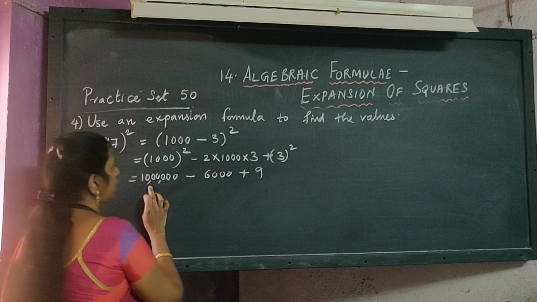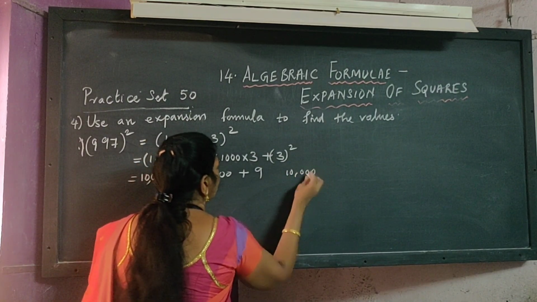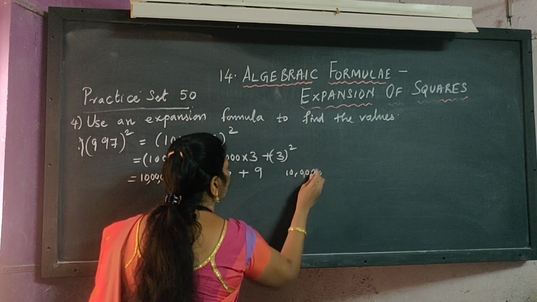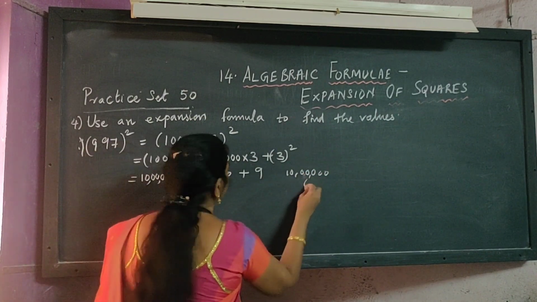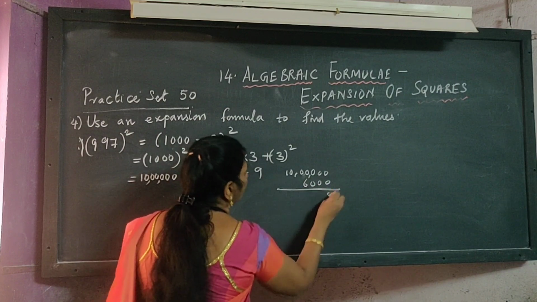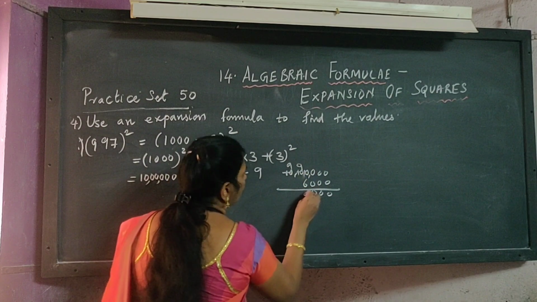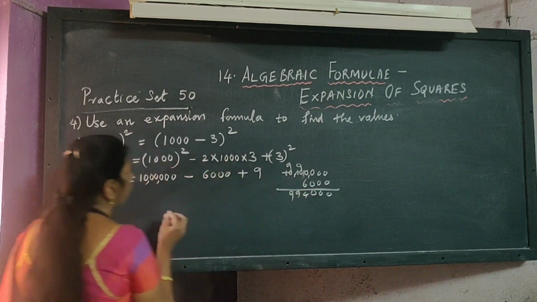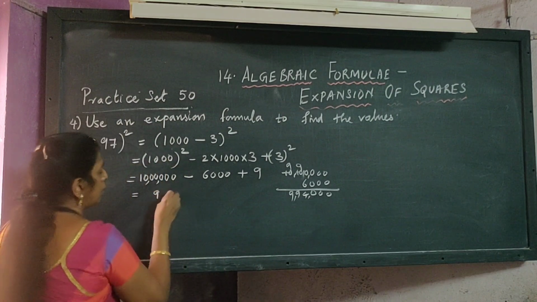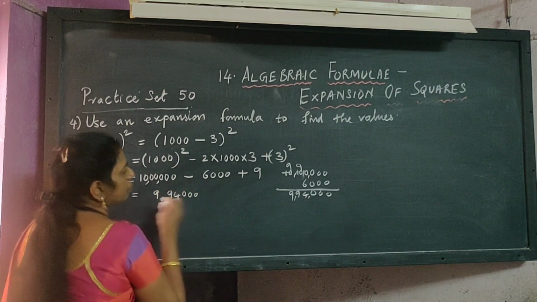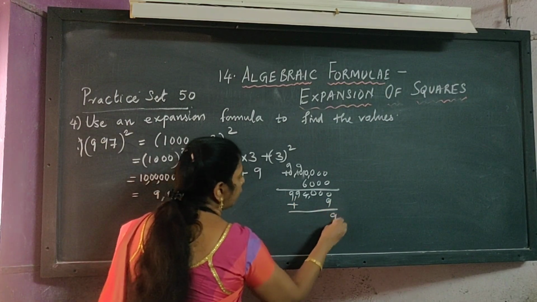Now 10 lakh minus 6000, you will get 9,94,000 plus 9.